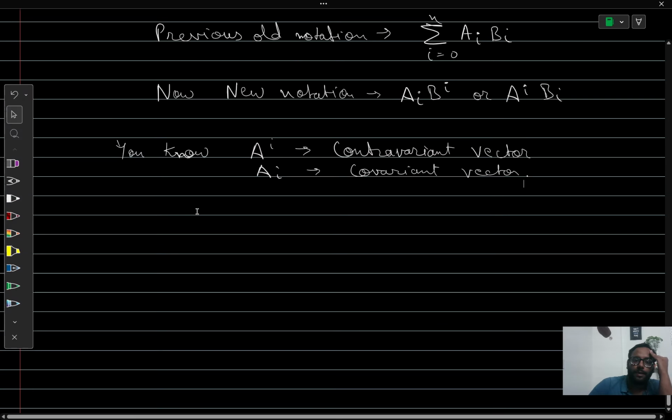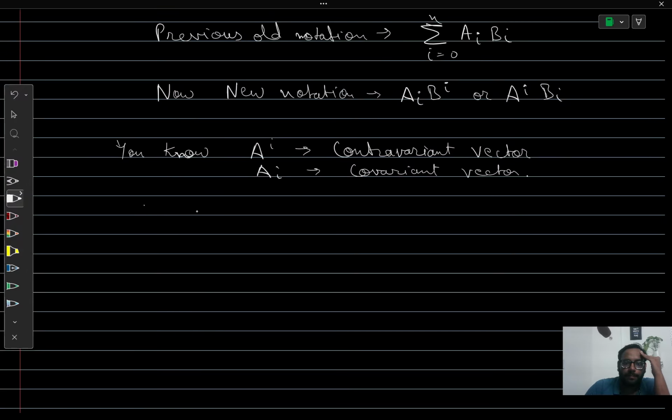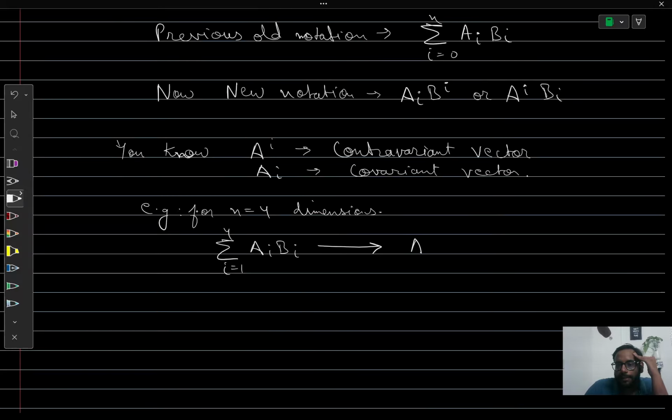Suppose an example for n equals 4 dimensions. My summation from 1 to 4 of a^i b_i is now, in the new notation, simply a^i b_i.